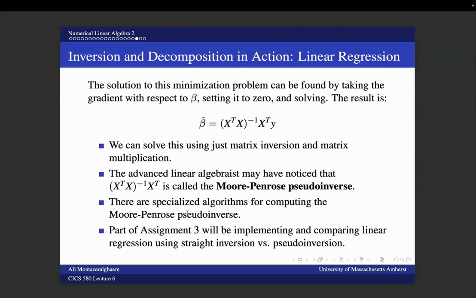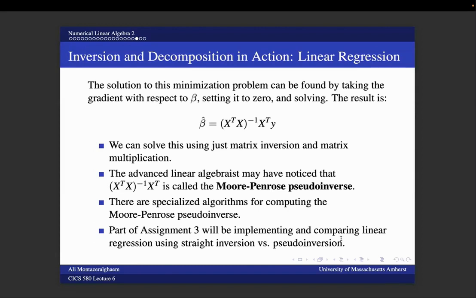As part of assignment 3, you need to implement and compare linear regression using inversion, straight inversion, and pseudo inversion algorithm.